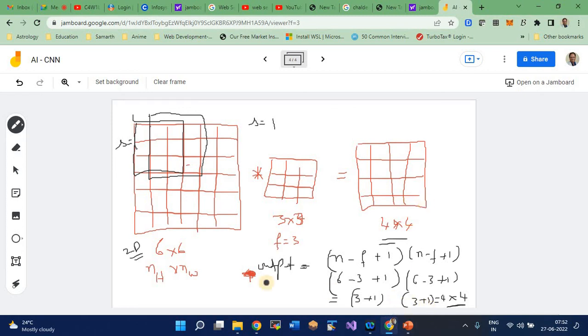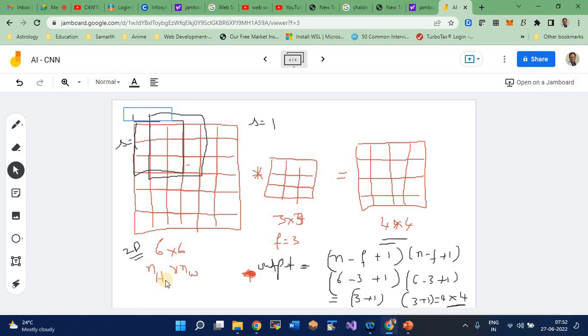That means if you use this kind of a setup, now let me copy this and add an image. Okay, so now you understood how I am writing, right?